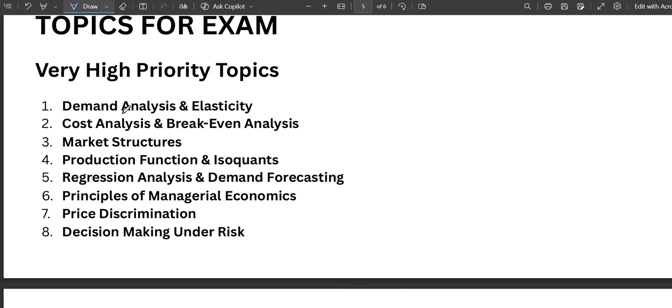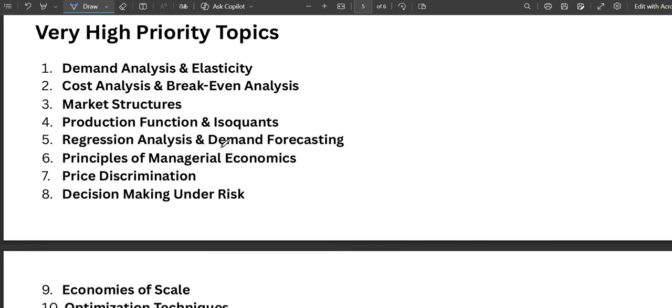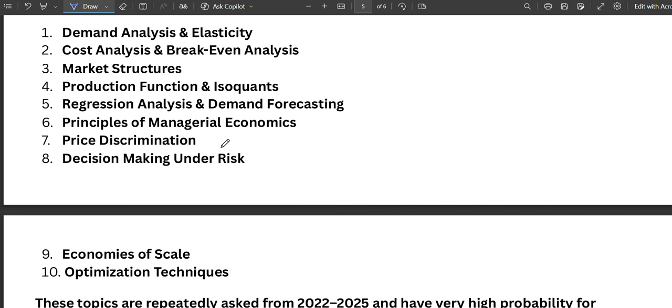So the very high priority topics are demand analysis and elasticity, cost analysis and break-even analysis, market structure, production function and isoquants, regression analysis and demand forecasting, principles of managerial economics, price discrimination, decision making under risk, economies of scale, and optimization techniques.